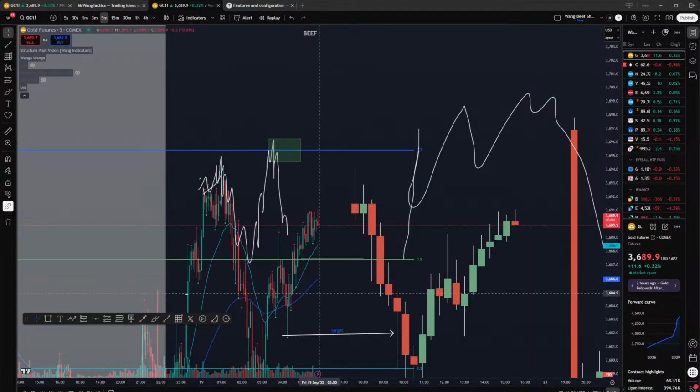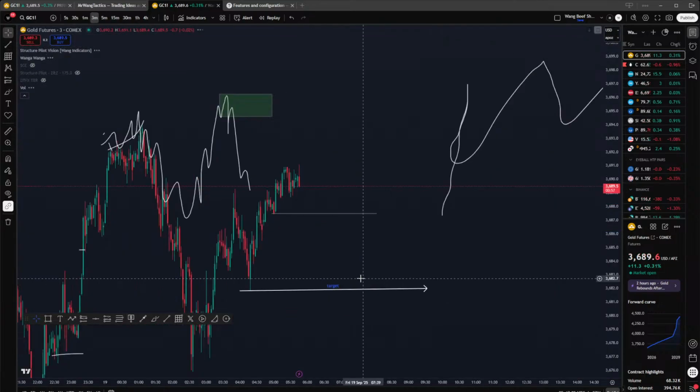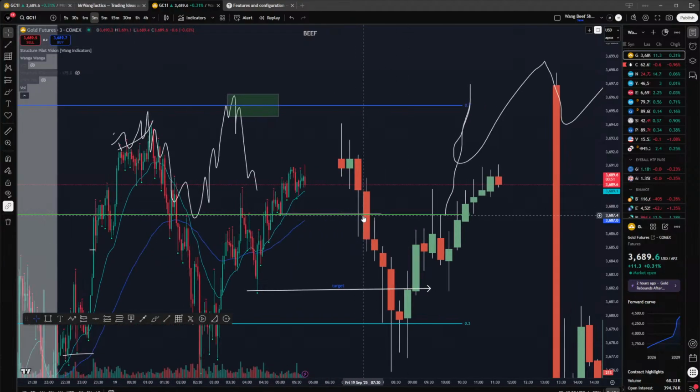Let's see if we get to the low that's here, and potentially to the flat candle down there.